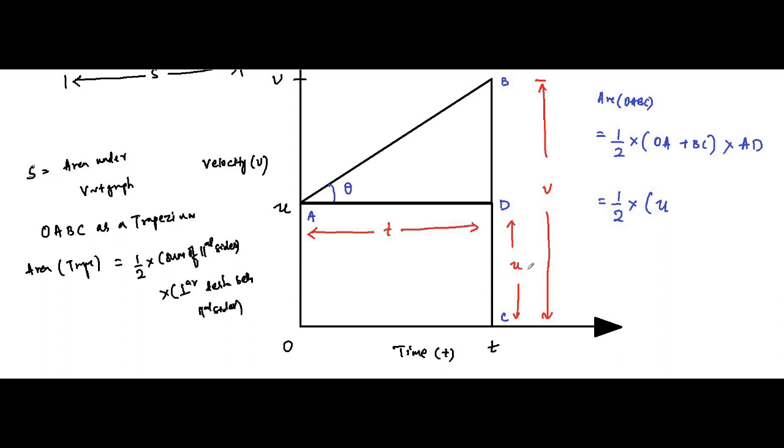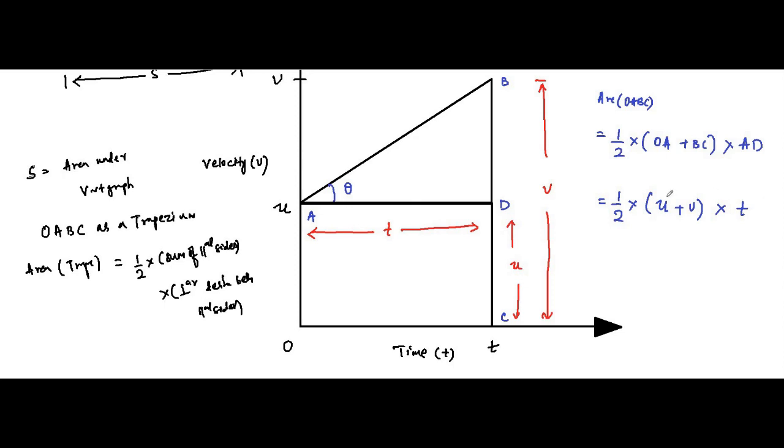OA is equal to CD, the initial velocity u. BC is the final velocity v. So it becomes u plus v. AD here is equal to t, the time, which is equal to OC. OC is equal to AD, the time interval, time duration.